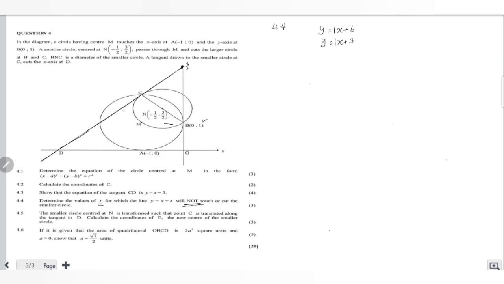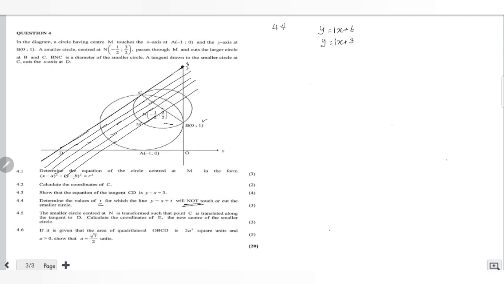Now if you draw any line with the same gradient, parallel line, see, this line you can't take it. Why you can't take it? Because this line crossing the circle is a secant, so don't take it. I'm just drawing a line with the same gradient, see, don't take it. Just look at the smaller circle.